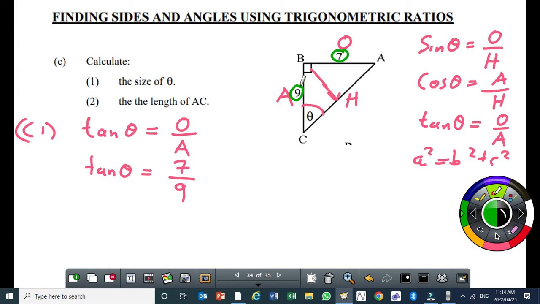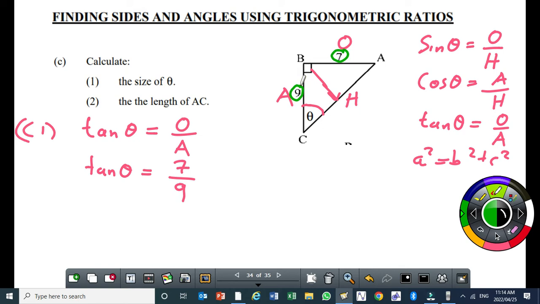You have to use the theorem of Pythagoras to calculate the length of the hypotenuse. But that will be a longer working, but it will give you the same answer in the end. So here, the shortest way would be to just use tan because the opposite side is given, the adjacent side is given. But it doesn't mean that that's the only way of doing it. The longest way, calculate the hypotenuse first.